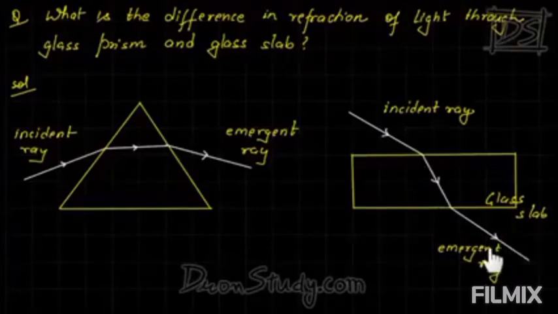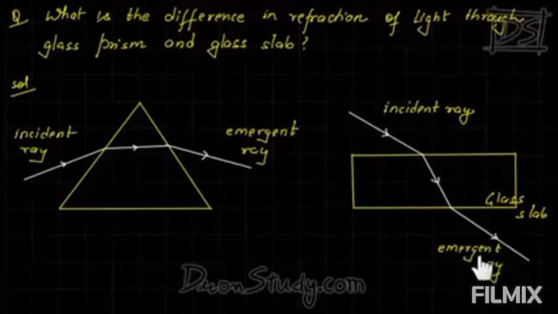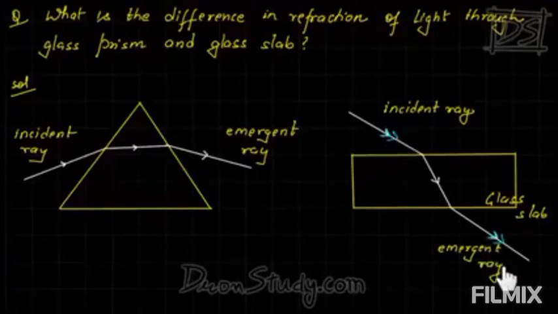A similar case takes place in the glass slab. Since glass is denser than air, the similar process takes place in the glass slab also. Since the shape is different, the ray will be like this. The incident ray hits the glass slab, there is bending, and the emergent ray also bends away from the normal.